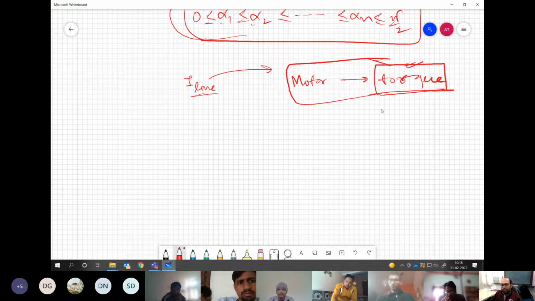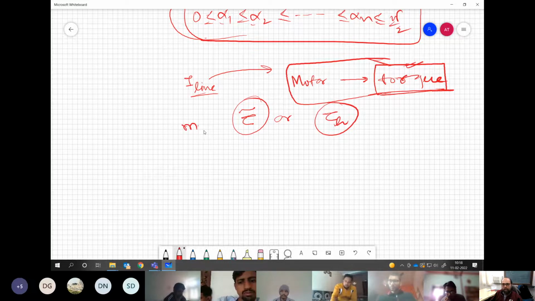So somebody may suggest, why not we minimize any ripple on the torque or any particular torque harmonic? Why can't we do that directly instead of getting stuck in the current and other things? This is also possible, right? Fine? Yes or no? Yes, sir.